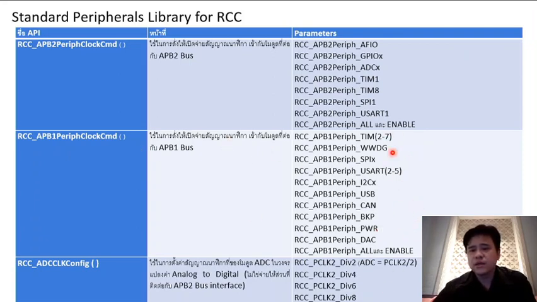Because this group is slower than the first group of our peripherals. So you can specify the names of your peripheral, then pass them to the function and your function will enable that peripheral for use. Okay, what else? We have the ADC command, and this one is a division for the ADC clock command.